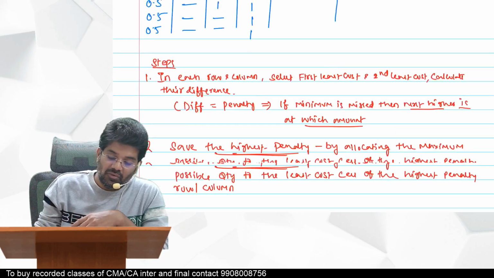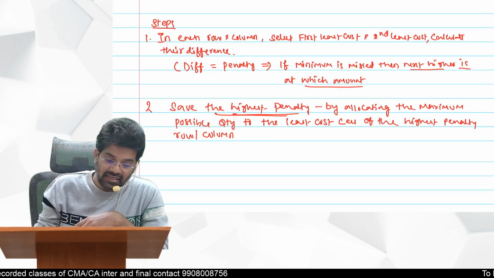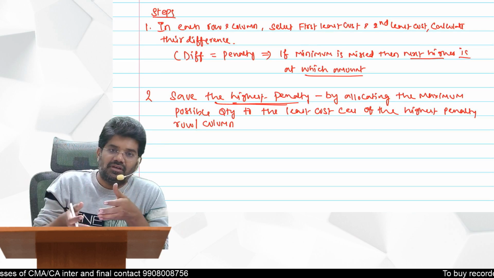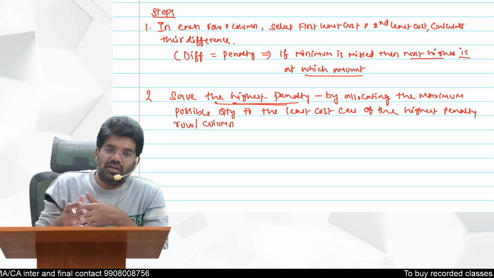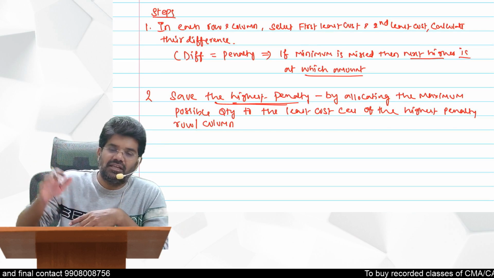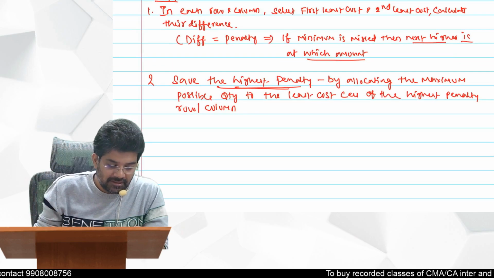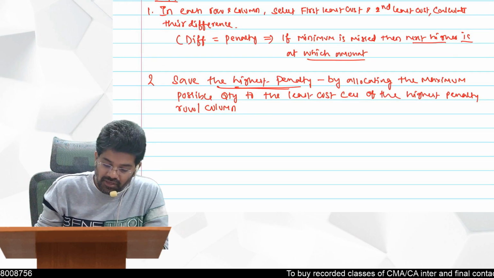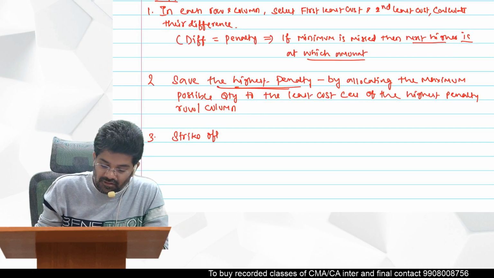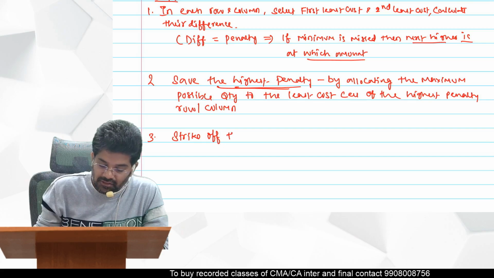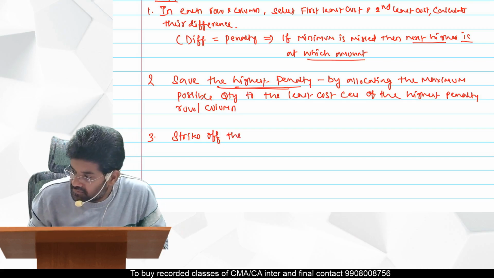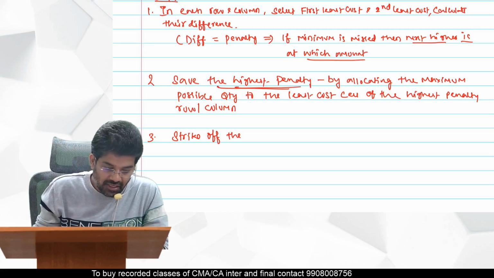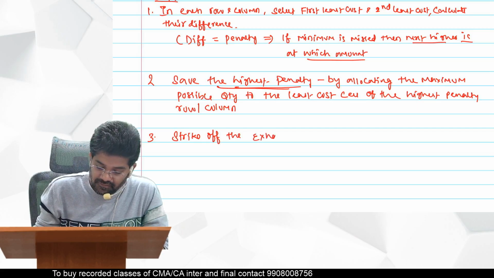Once you do that, if either a column or row gets exhausted, then you strike it off. Again repeat the same steps. Strike off the exhausted row or column.